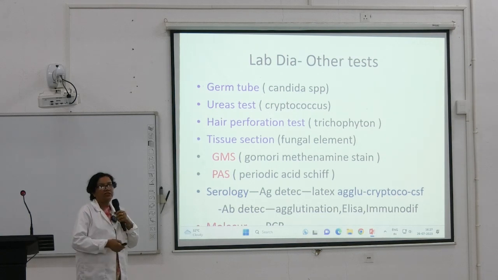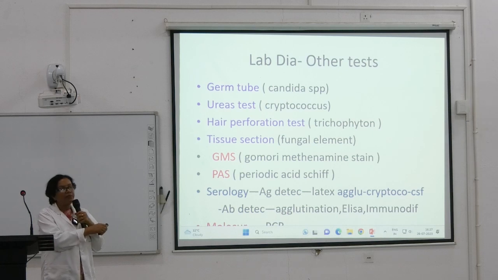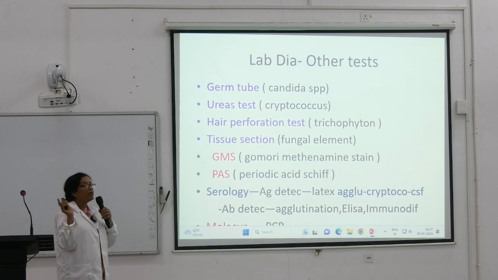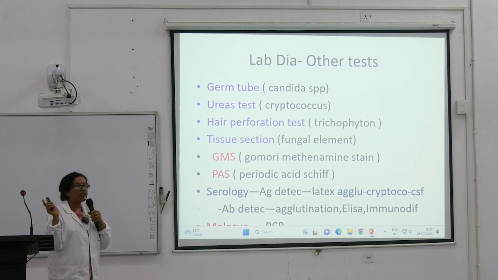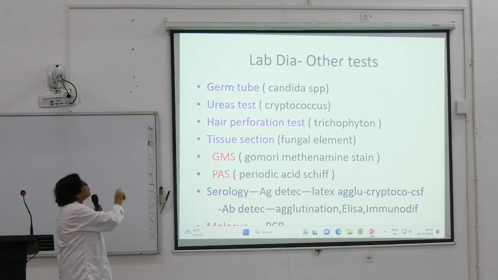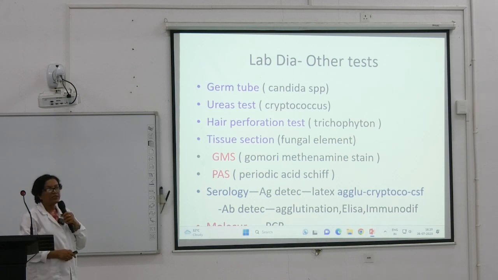Then other tests for lab diagnosis. You can write or take a picture, as for fungal disease, they have to go through this lab diagnosis. Okay. So I have told microscopy, that is KOH preparation, then India ink preparation, then Gram stain, then culture, next other tests. The germ tube test is to diagnose Candida species.